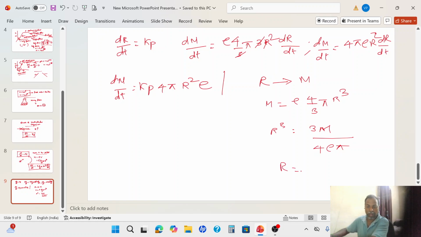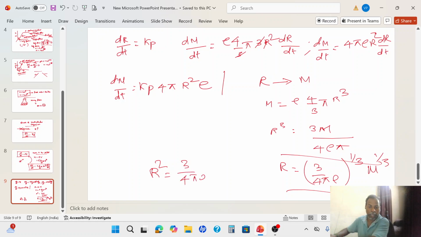That means r is equal to 3 by 4 pi rho whole power 1 by 3 into m power 1 by 3. We need to substitute in terms of r square. So when squaring, r square is equal to 3 by 4 pi rho whole power 2 by 3 into m power 2 by 3.